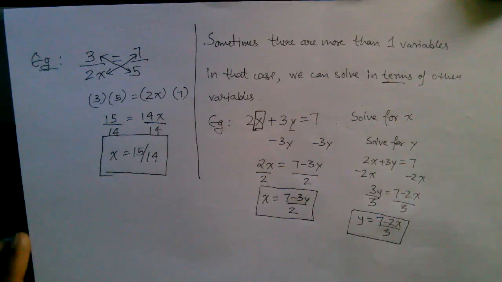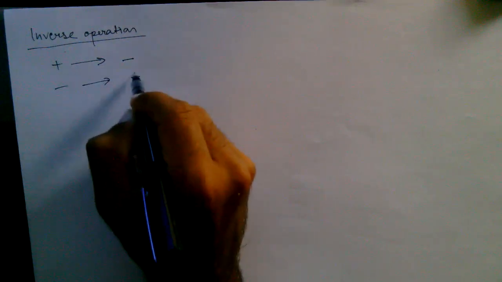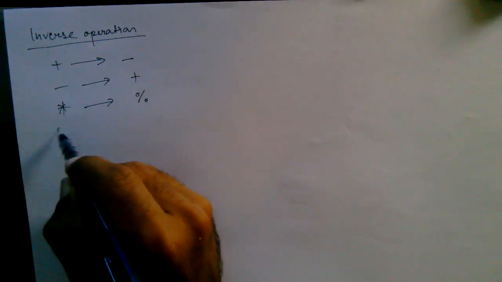Now there is one last idea that I want to cover here. Now in terms of the inverse operations, we saw that addition can be undone by subtraction, subtraction by addition, multiplication by division, and division by multiplication. Now I'm going to add two new things.